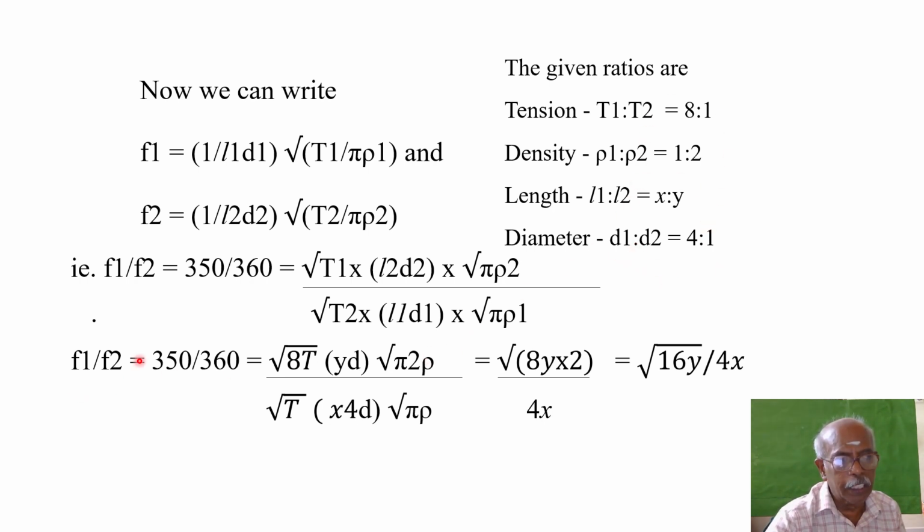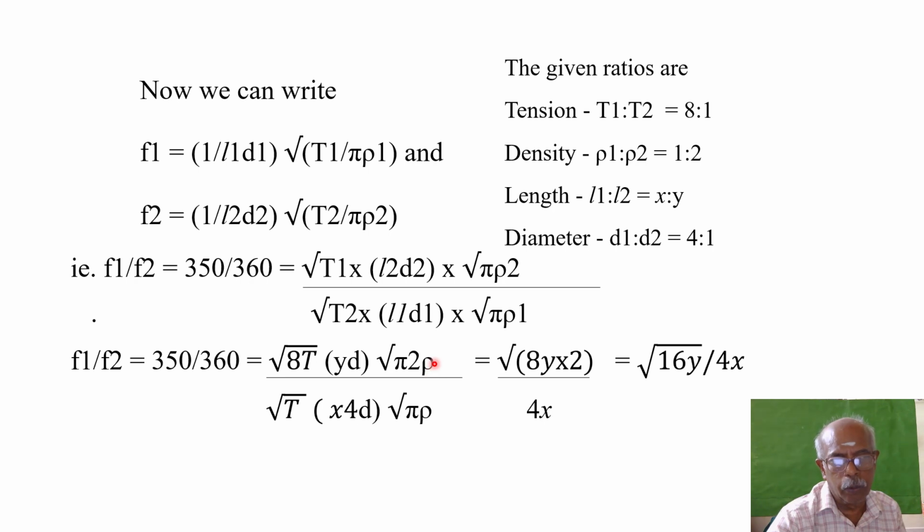Say F1 by F2 is equal to 350 by 360, which is equal to 8T divided by T. Length L2 is equal to y, diameter D2 is equal to D, and into the square root of pi into 2 rho. Rho 2 is twice that of rho 1, isn't it?